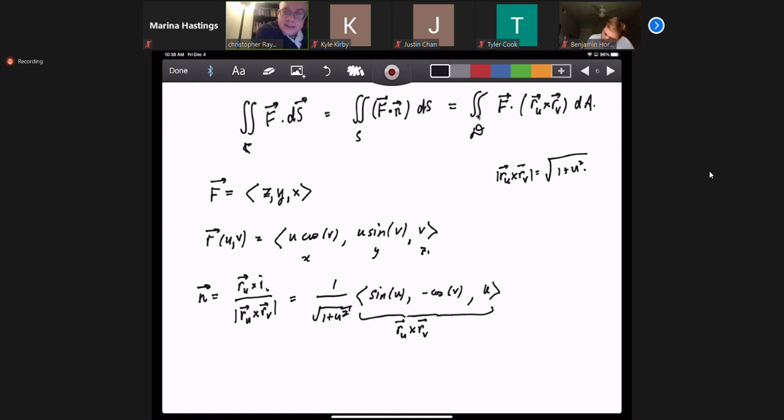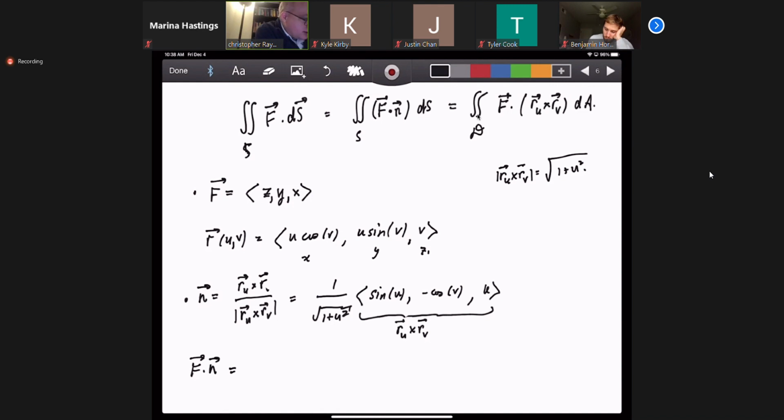All right, so is everyone following along okay here? So if we plug into that F dot n to get the integrand in the surface integral, we're going to have to dot the family of normal vectors with our vector field. And remember that z is given by v, y is given by u sine v, x is given by u cosine v.